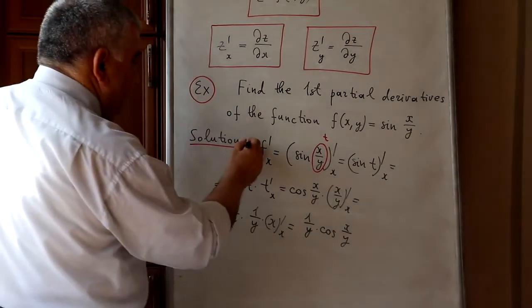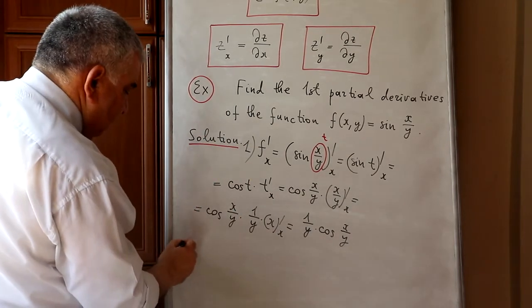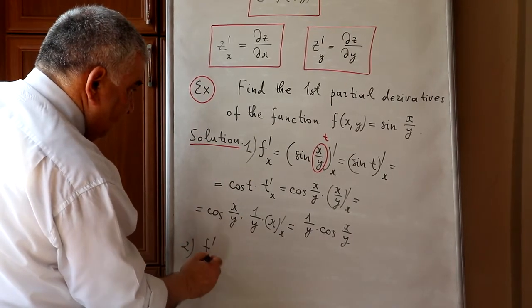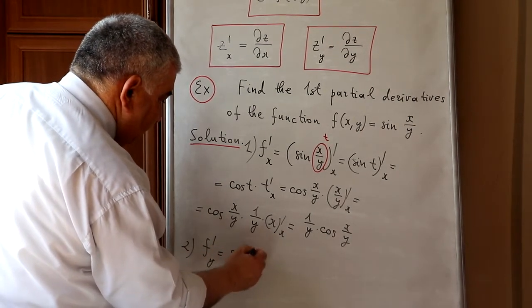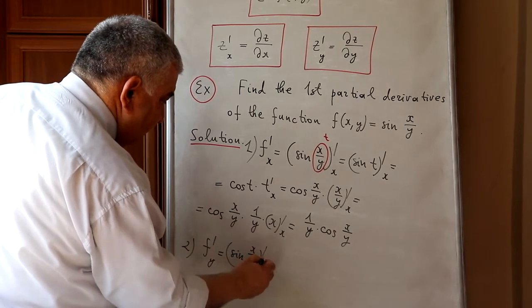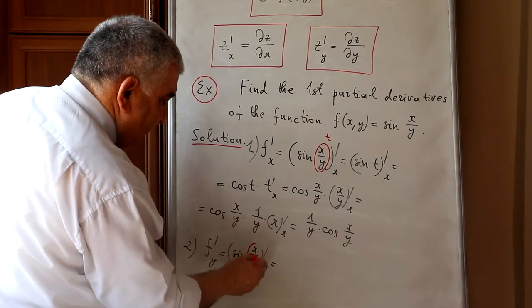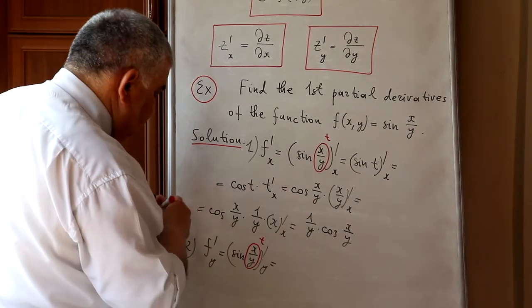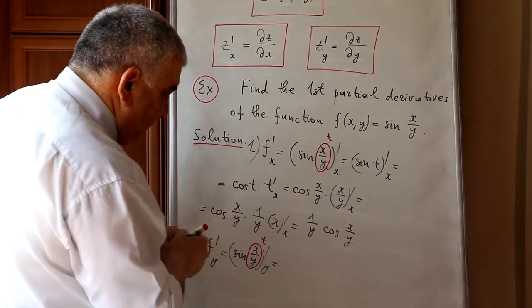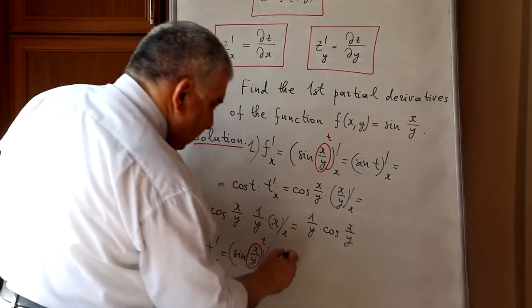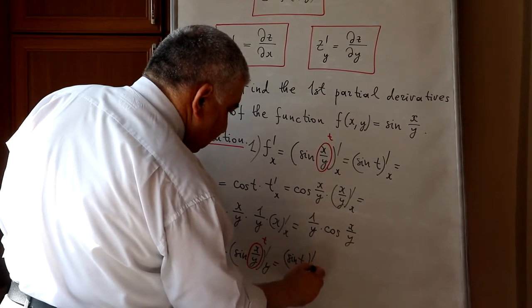Then find the first partial derivative with respect to y. F prime with respect to y equals sine of x over y prime with respect to y. Here again change x over y by t, and then we obtain the composite function sine t prime with respect to y.